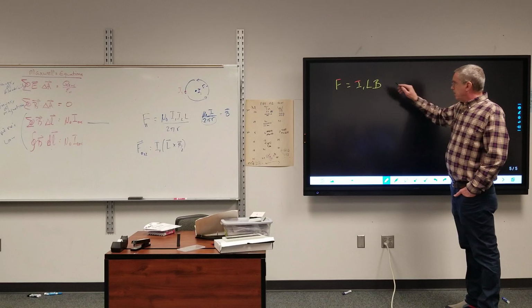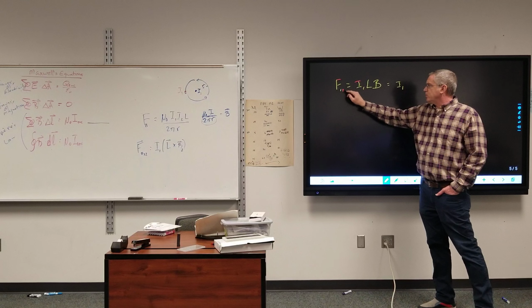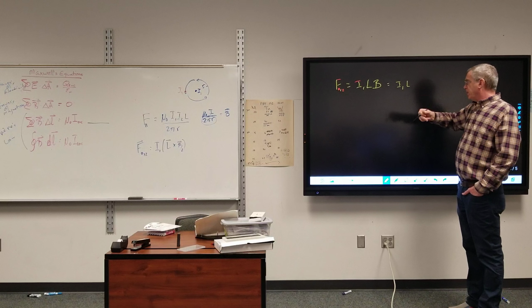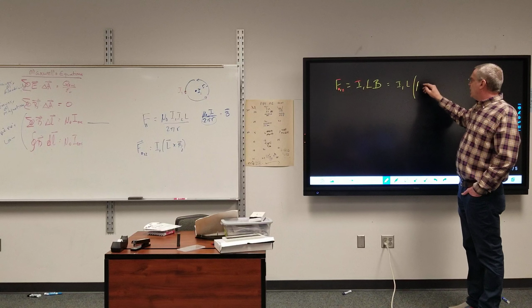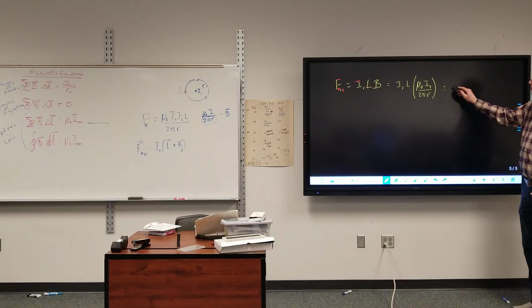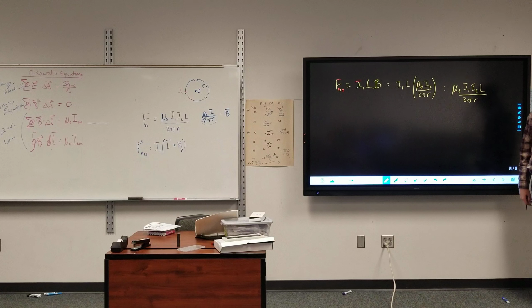So the force is I L B, this is the force on 1 from 2: I1 times the length that they're parallel, times B, and the magnetic field coming from the other one is mu naught I2 over 2 pi r. What you end up with is mu naught I1 I2 L over 2 pi r, which is the equation that I started with.